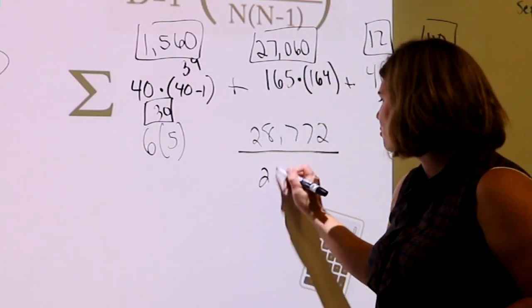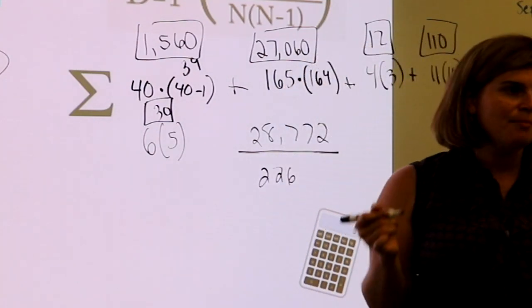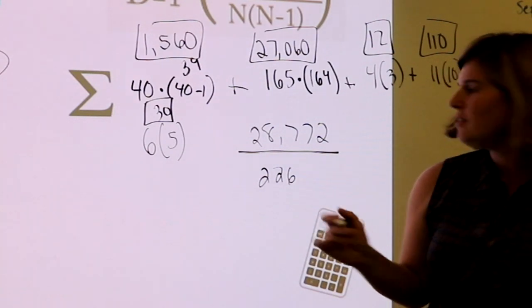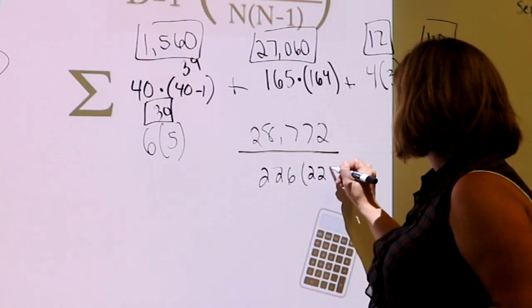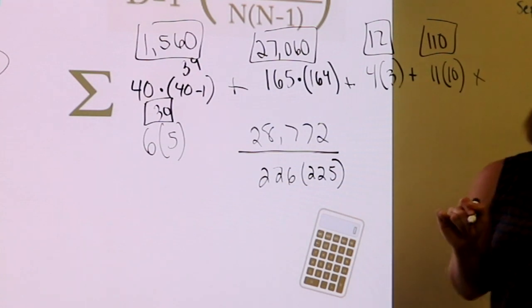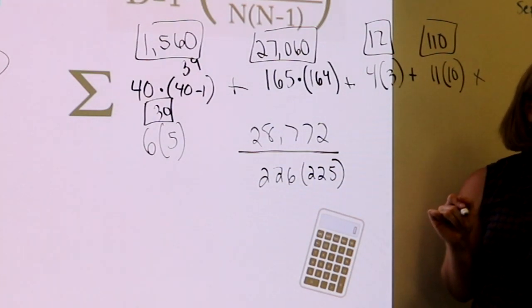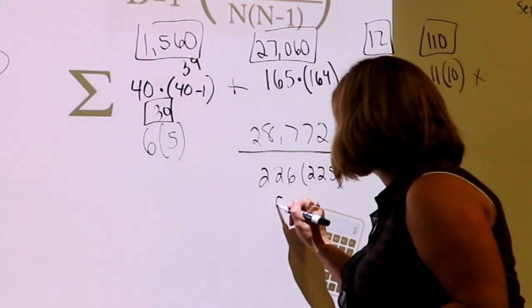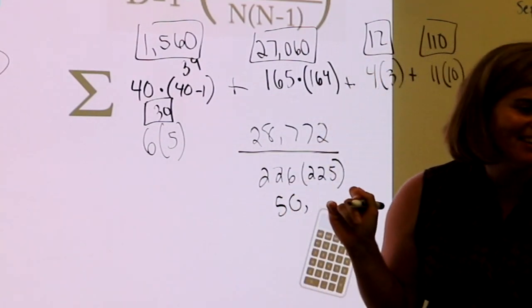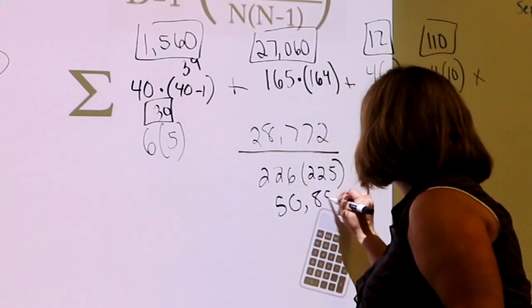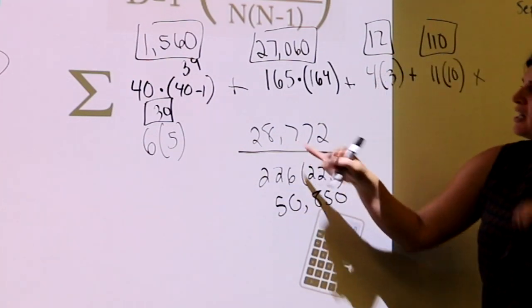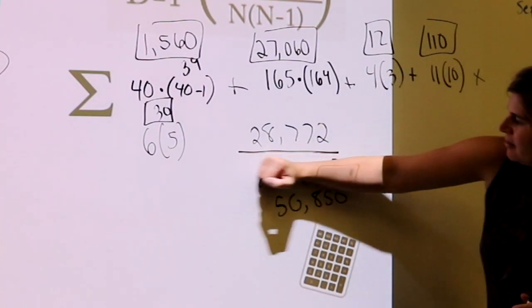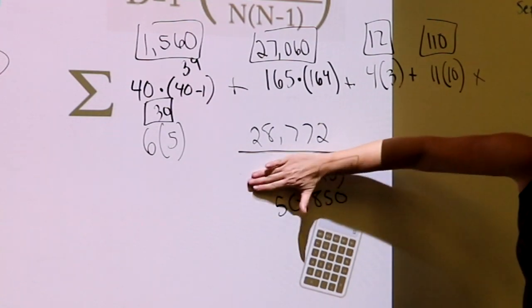We're going to do 226 times 226 minus 1, which is 225. If I do some calculations, that's around 50,850. So now we're going to divide those numbers.